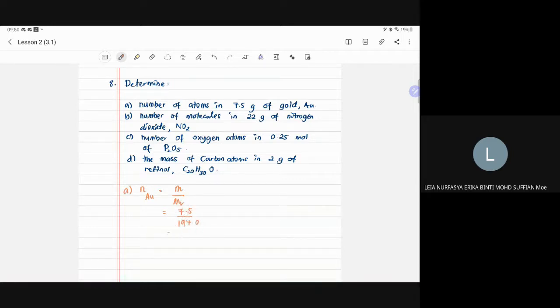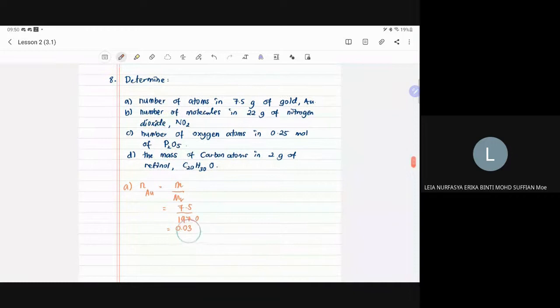197.0. Jadi from here you can get the number of mole. You should get 0.0381 mole.